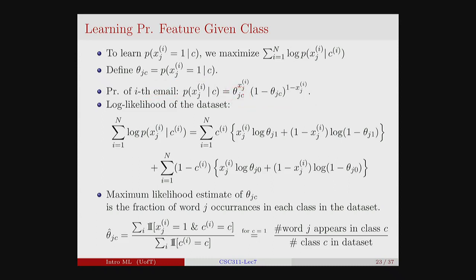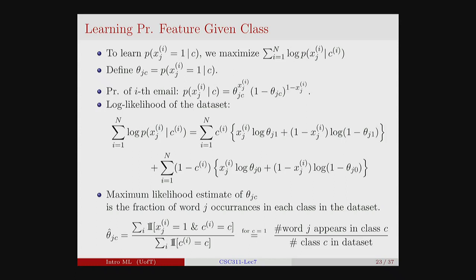So this is the parameter for that feature j given class label C, and we're going to raise it to the exponent of whether or not the ith email has a 1. So in the ith email, we're asking what's the probability of seeing feature j in the ith email given class label C. That's just theta jc raised to xi times 1 minus theta jc raised to 1 minus xi.